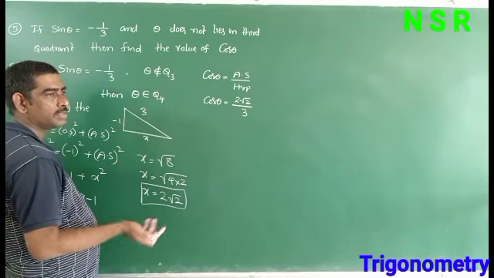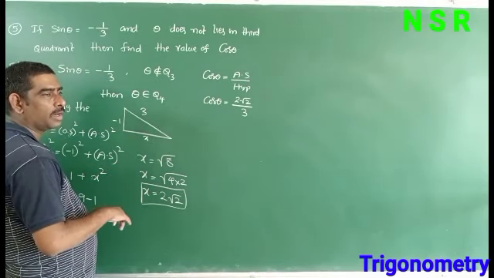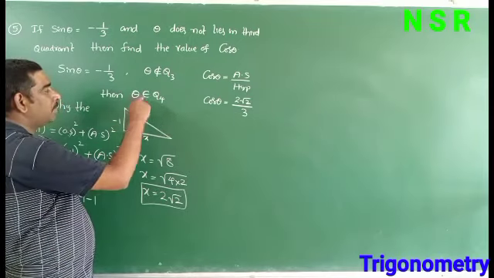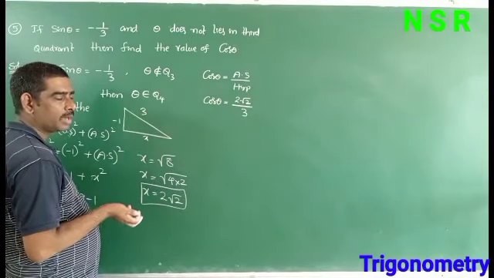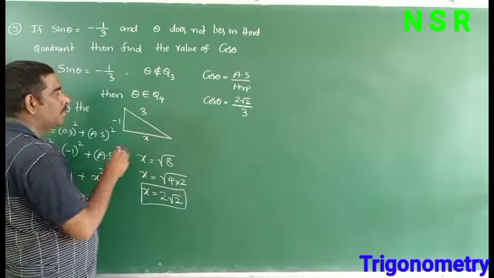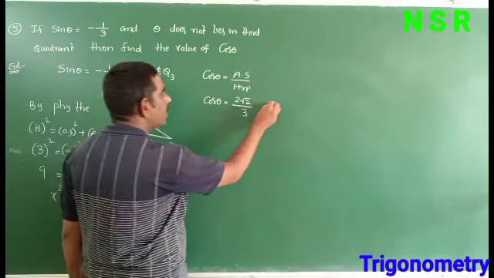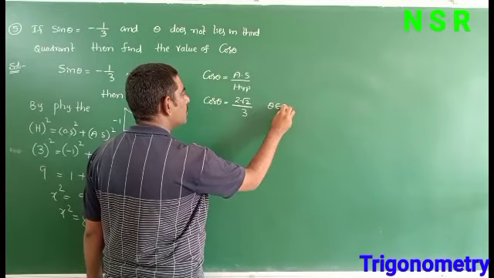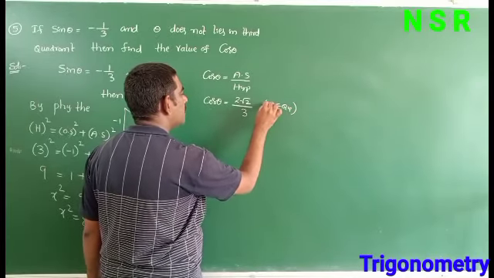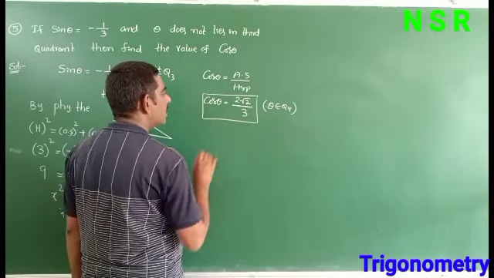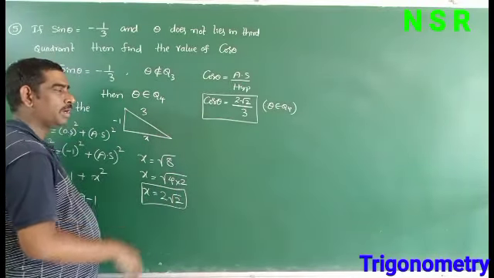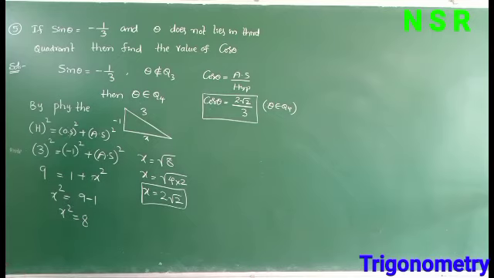Why? Because cos is negative in third quadrant. If theta is belongs to Q2 also write here minus. Why? Because in second coordinate also cos is negative, but here theta is belongs to Q4. So that's why cos value is 2 root 2 by 3. If theta is belongs to Q2 and Q3, now you write cos theta is equal to minus 2 root 2 by 3.